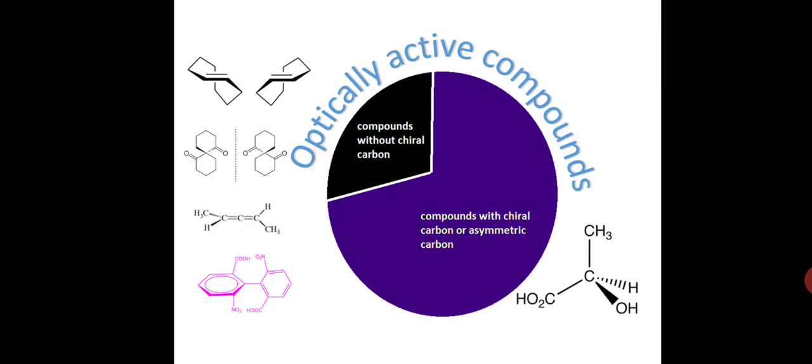All these are optically active compounds, and the majority of them are compounds having a chiral or asymmetric carbon, that is, a carbon attached to 4 different groups, and there is a small group of compounds which do not have a chiral carbon but still show chirality. That is due to the structure of those molecules.